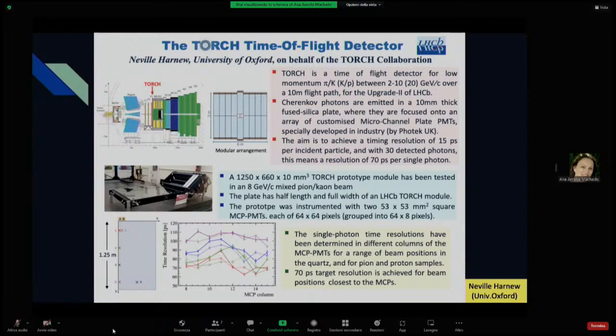It was tested at CERN with an 8 GeV test beam, and a single photon time resolution between 17 and 100 picoseconds was demonstrated. This is approaching the requirement of the experiment, around 15 picoseconds, taking into account that the complete TORCH model will detect about 30 photons.